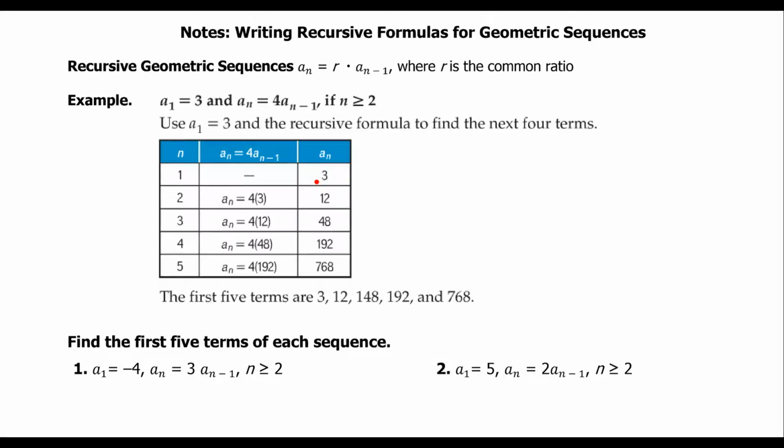And all it does is it takes 3, multiplies it by 4 to get 12. 4 times 12 is 48. 4 times 48 is 192. 4 times 192 is 768. And basically you keep on going all the way down until you find as many as it asks you to.